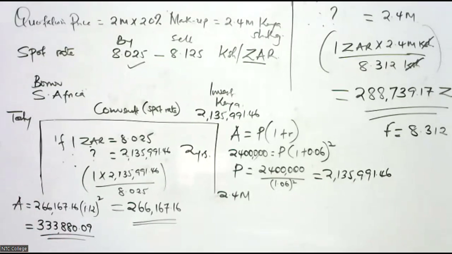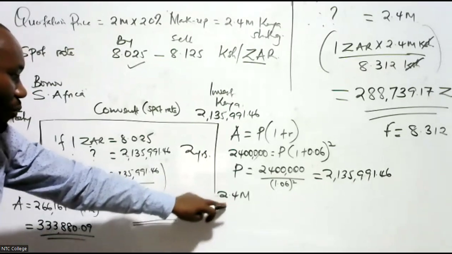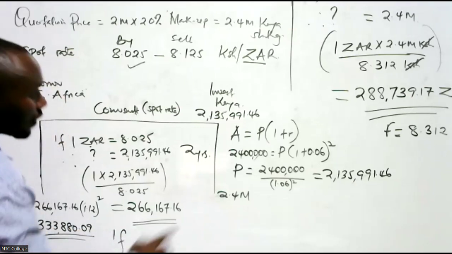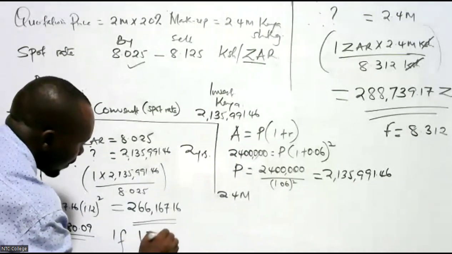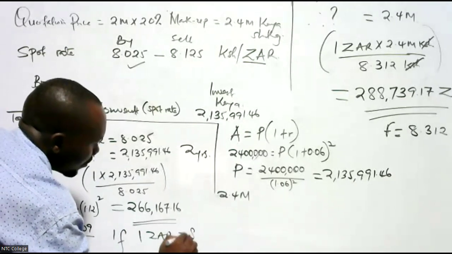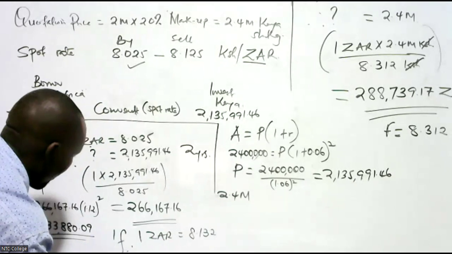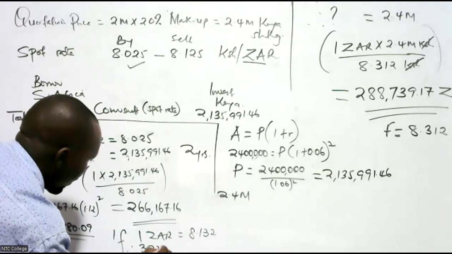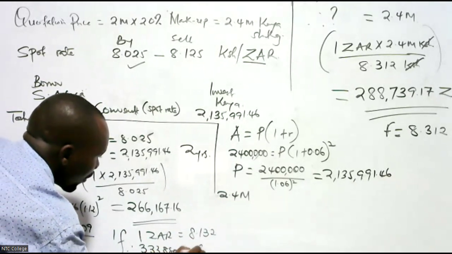Secondly, you can decide to convert now this amount in its equivalent Kenyan shillings and compare with the 2 million. So even if you compare it with 2 million, in Kenyan shillings, you can say that if 1 ZAR in 2 years is equal to 8.1132, then how much will this give you? 333,880.09 is equal to what?